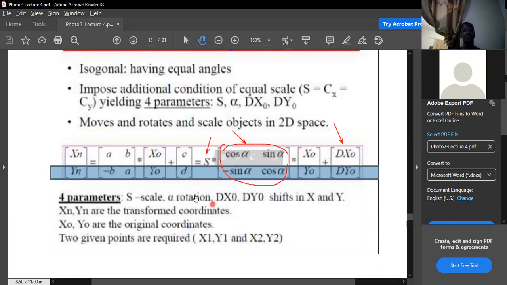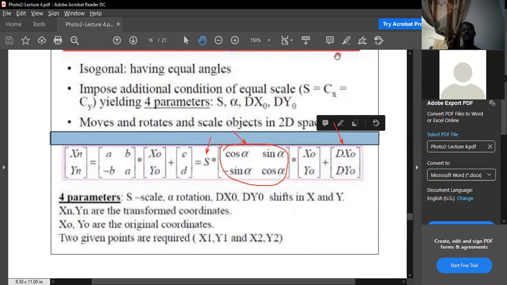Is that okay? All right, so scale, rotation, shifts, x and y, and then your final coordinates are xn and yn. The original coordinates are always going to be x naught, y naught. Maybe we shouldn't have called them that, but we can do that if you want. All right, so that is it.